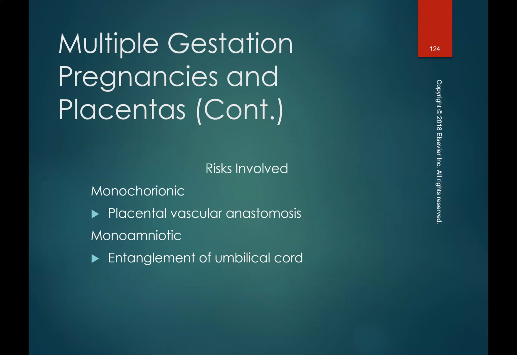So the risk involved for monochorionic are placental vascular anastomosis, so that babies could start sharing more blood than they should. Those are the risks for mono-di twins. Monoamniotic, where they're sharing a sac too, entanglement of the cord is a huge thing.